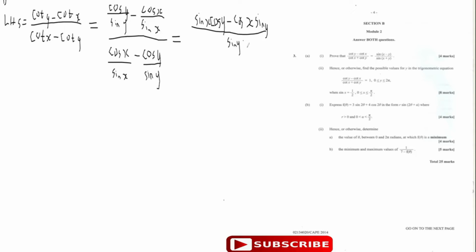Now, joining the denominator as one fraction again, it's going to be sine y cos x minus cos y sine x, divided by sine y sine x.